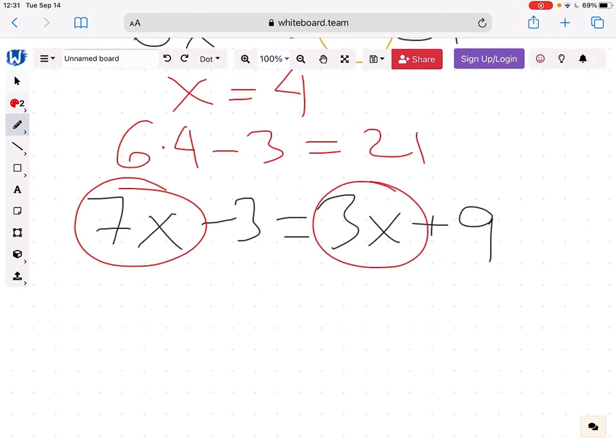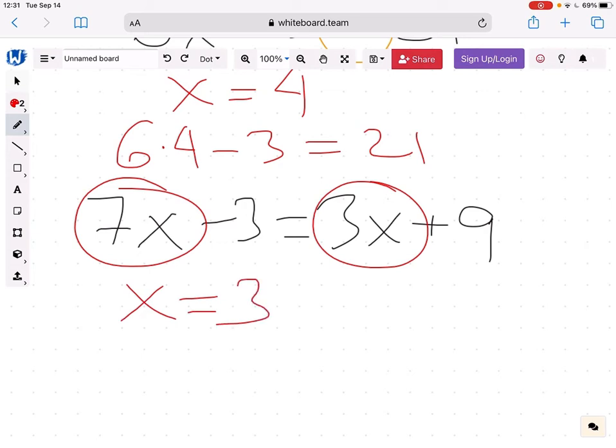And what we're saying here is that because of the equality, the left-hand side should be equal to the right-hand side. And we would like to find x that will satisfy this, that will make the left side equal to the right side. And if you think a little bit about it, we find that x should be 3. Why is that?